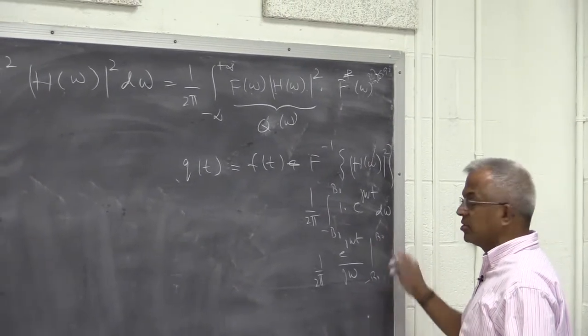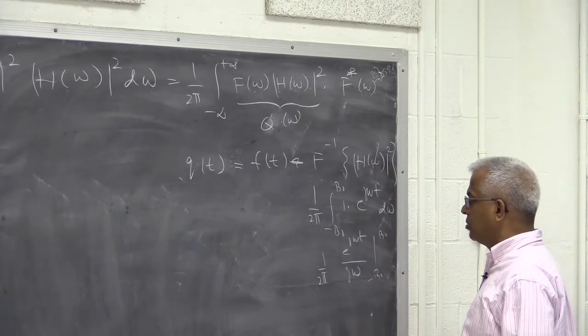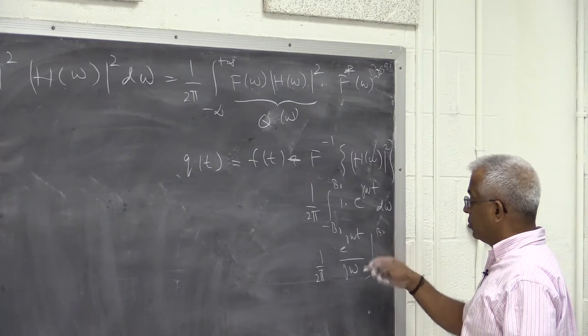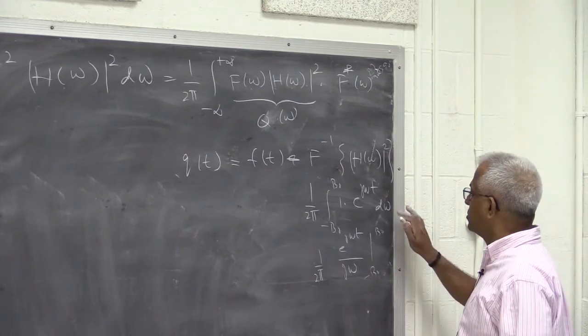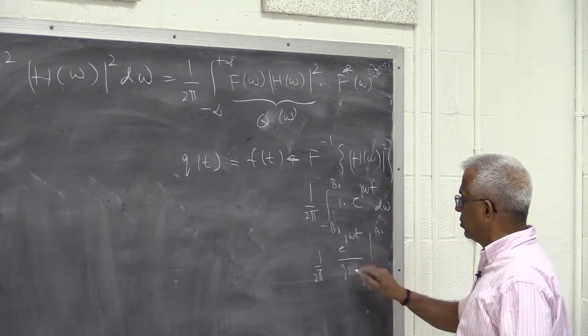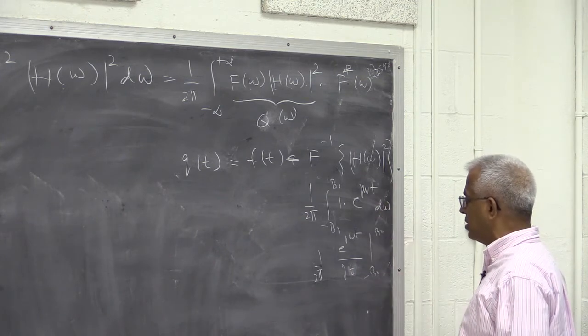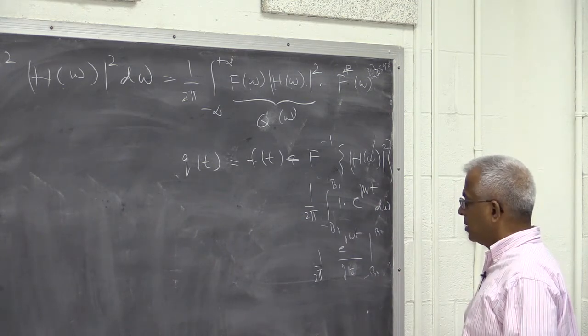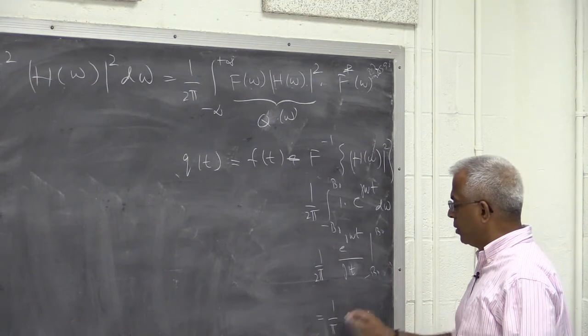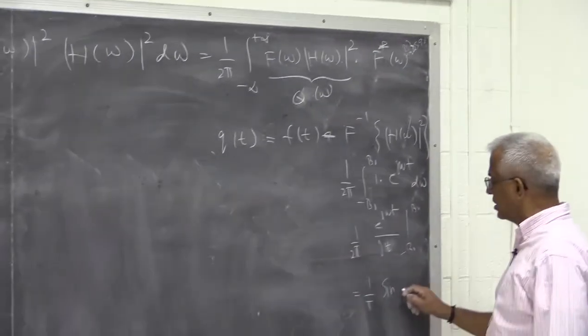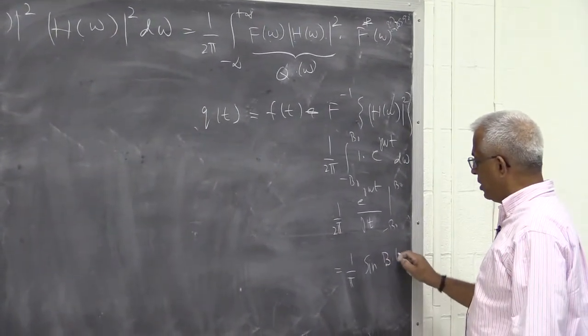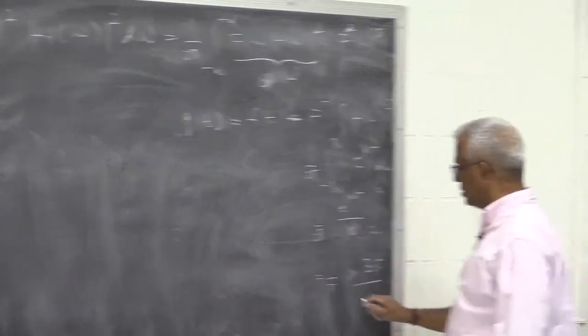So that will be 2j sine B naught t. The 2j cancels. Remember, this is the inverse transform, so the integration is in omega. So the result comes out to be 1 over pi, sine B naught t over t.